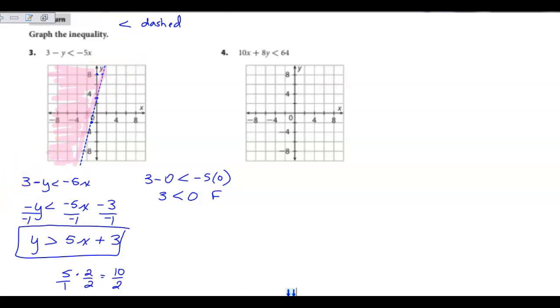Okay, take a look at the next one. It is less than, so that means that the line is going to be dashed. I want to rearrange it so that y is by itself and positive. So go ahead and solve so that you get y by itself.